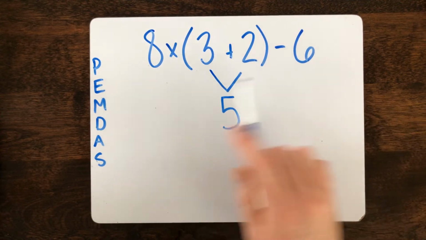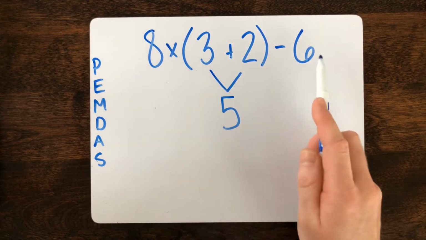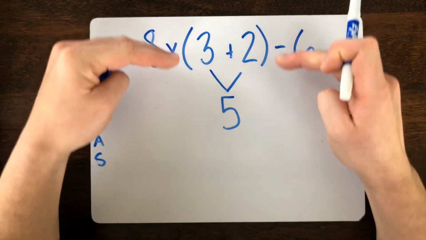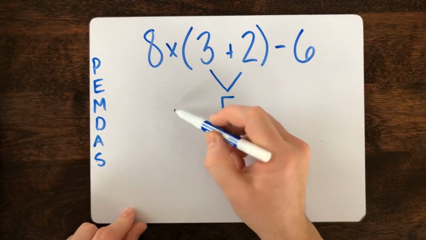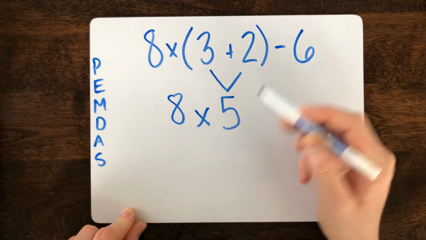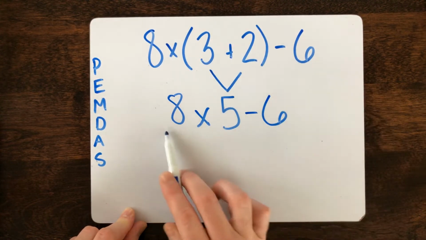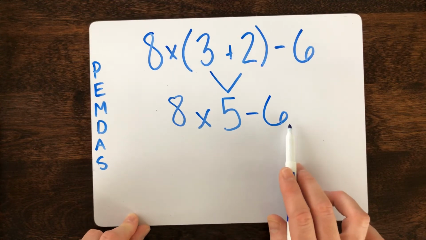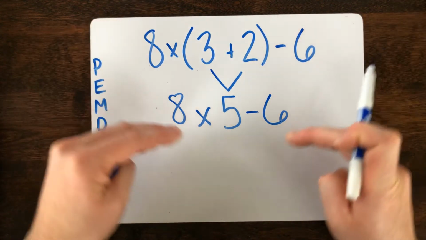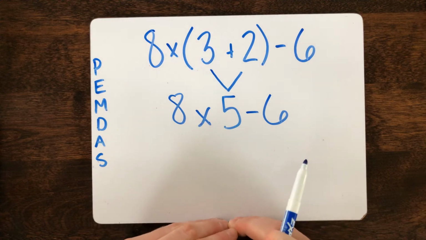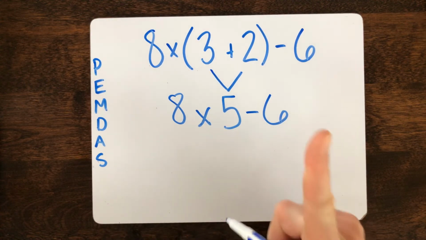And everything I haven't done yet, so the 8 times the minus 6, I'm going to bring straight down. So we have 8 times 5 minus 6. And now this is my expression. And if you look, every single time it's getting smaller. You don't stop until you have one single answer.